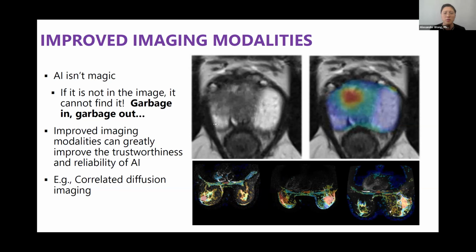So in the middle, what you see is a perfect example of that, where we have an MRI of a prostate. And what you see here is that there is actually a very large high-grade tumor right in the middle of the central zone. However, nobody can actually see it in this mode. It's completely in stealth mode and hidden.